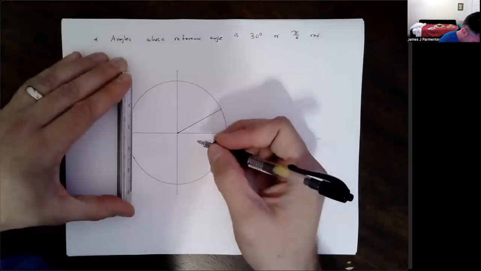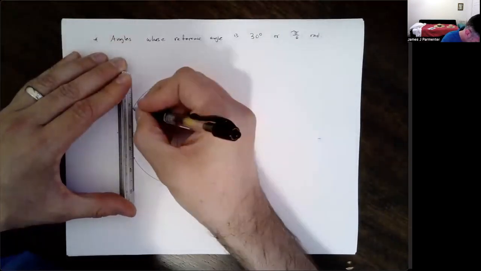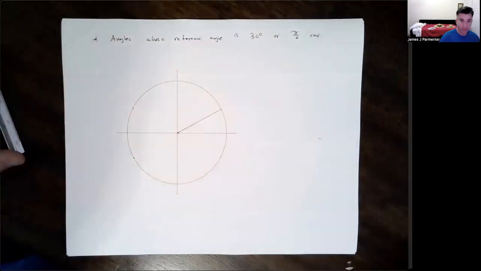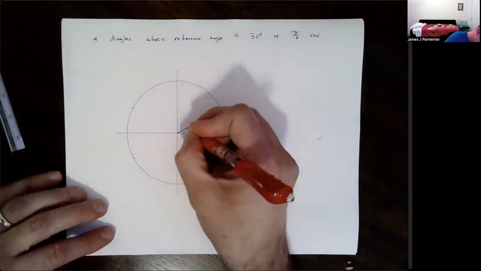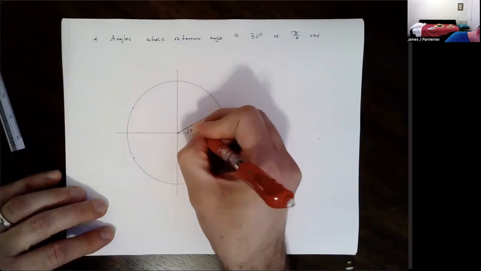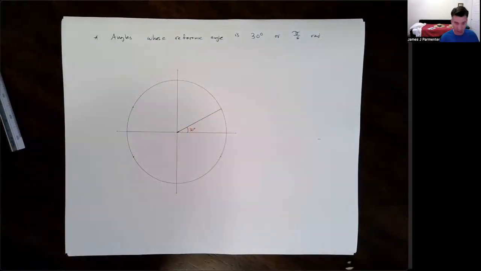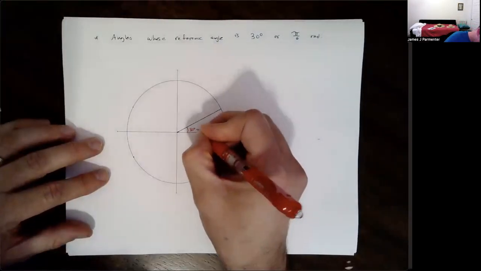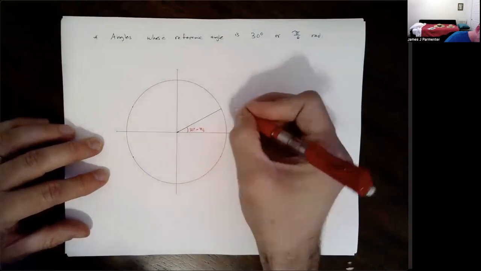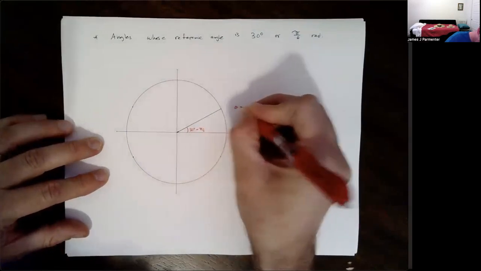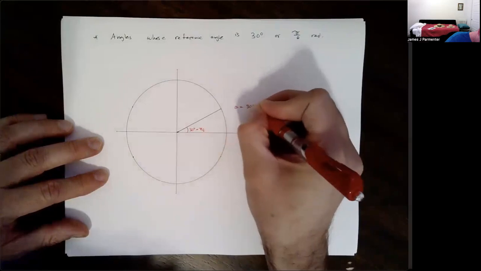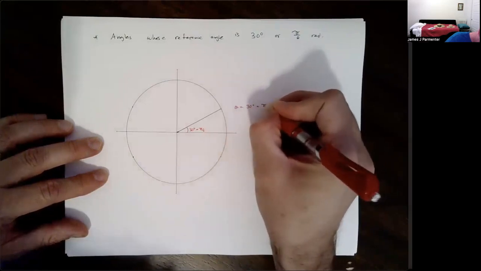Cool. Okay, so this first angle, 30 degrees. There's my first reference angle, or pi over 6 radians. So here I'm going to say theta equals 30 degrees, which equals pi over 6.